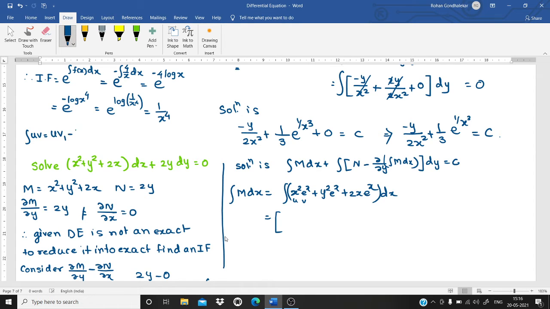U v1 minus u dash v2 plus u double dash v3 minus and so on, alternate plus minus signs. What is u? The u is a function whose derivative vanishes earlier. So in the first term, the u as it is. In the second term, we go with the first order derivative of u. In the next term, we go with the u double dash, and this will continue until the derivative of u vanishes.